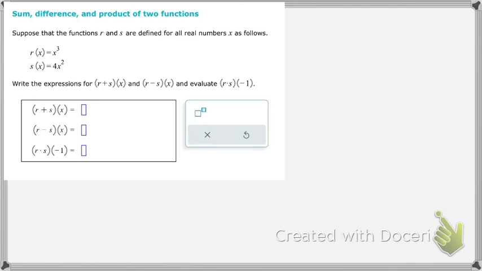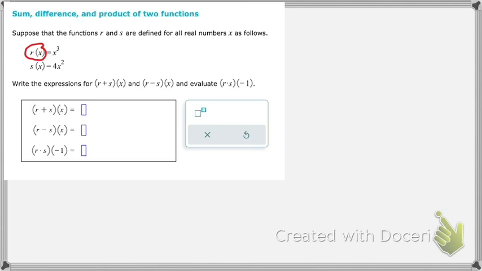Here I've got two functions labeled R and S. Now remember, this R is not a variable, it's a name. It is naming the function R. And also remember that this letter with this x, it's not multiplication.